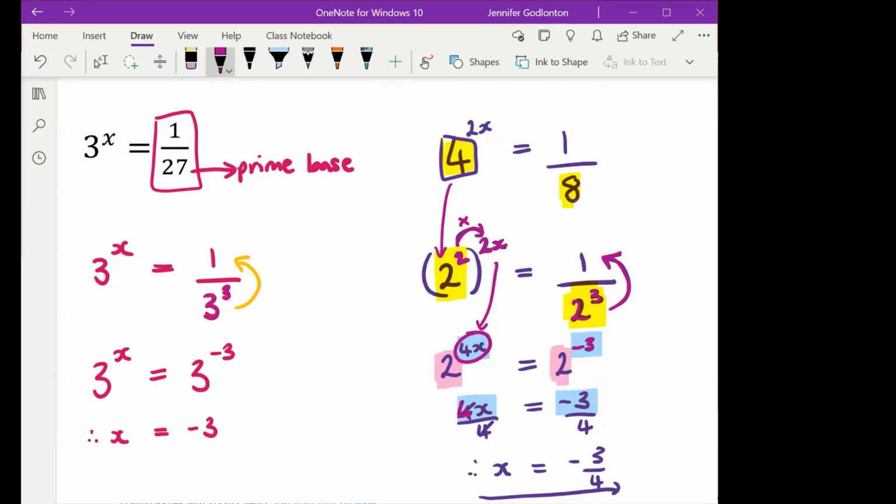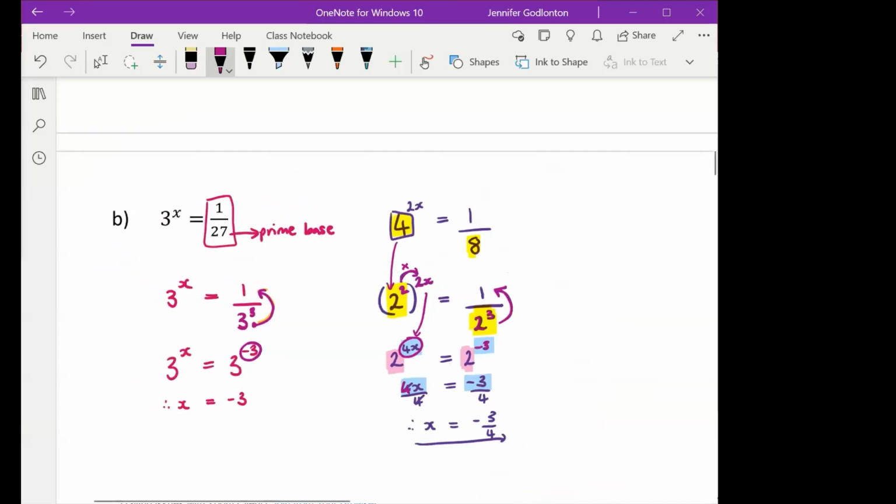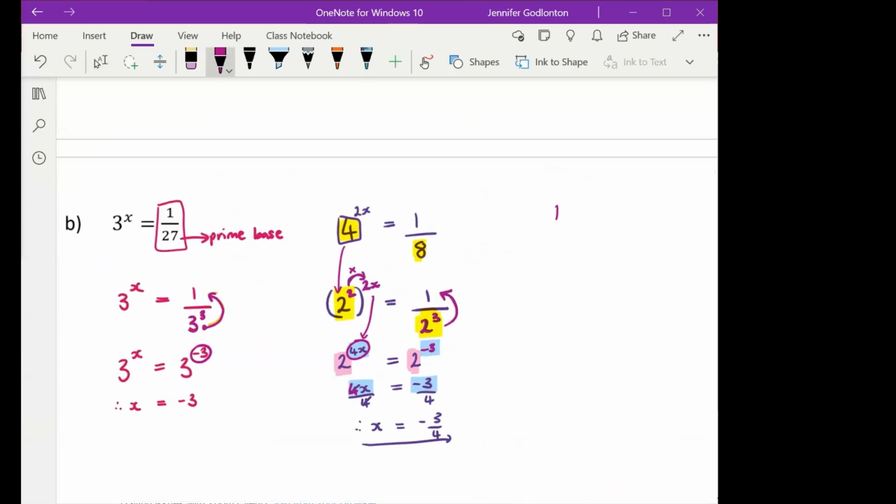When I have a power at the bottom, so I have 3 cubed here at the bottom, when it moves up to the top, it changes to a negative. So it's one of our old exponent laws: if I have 1 over x, that's equal to x to the -1. If I have 1 over x squared, that's equal to x to the -2. So if it's at the bottom and it moves up to the top, it becomes negative.